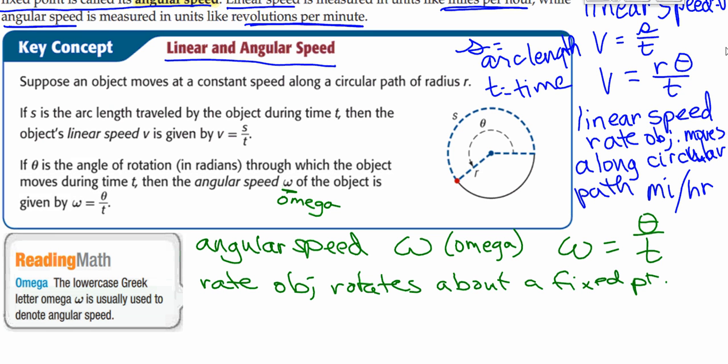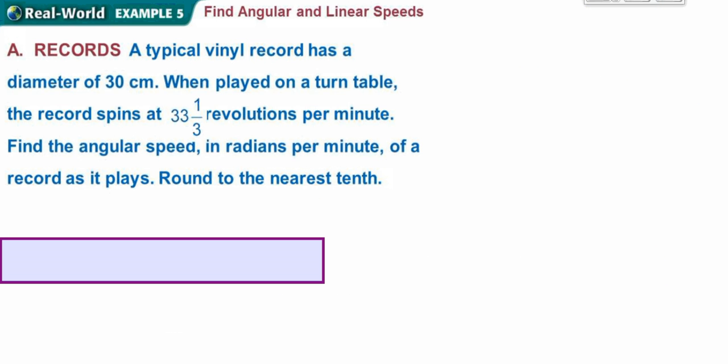And I'm just going to tell you right now, sometimes we give our answers in terms of pi. And so then it's kind of an exact answer, so to speak. And sometimes we'll give our answers as a decimal as we go. So here's our first problem.